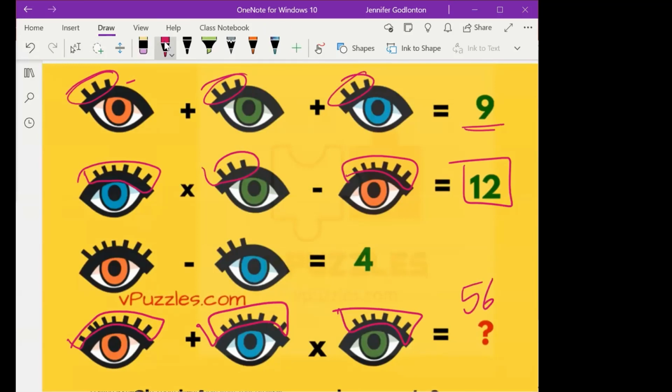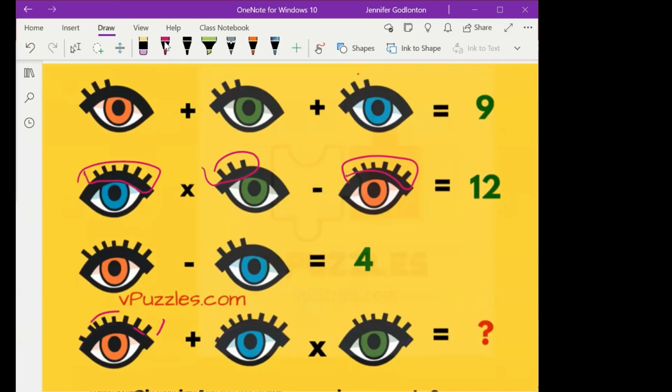But let me just erase my answers for you. And then if you want to, you can take a quick screenshot and show your parents and see if they can solve it, or you can try and make some bets with your friends, see if you can get a free chocolate out of them. Give them like 30 seconds to figure out the answer. And if they don't figure it out, they have to give you chocolate.